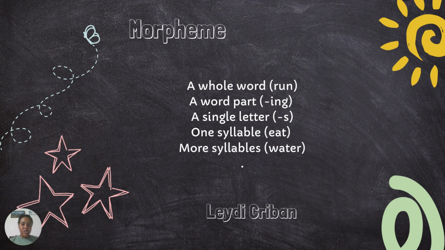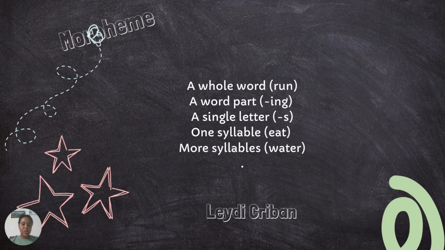A morpheme can also be a single letter in the case of the S sound, because in words it could mean plural or the third person singular. A morpheme can also be one syllable, a word of one syllable, as in it, or more syllables as in water.